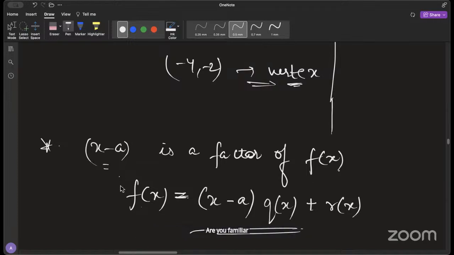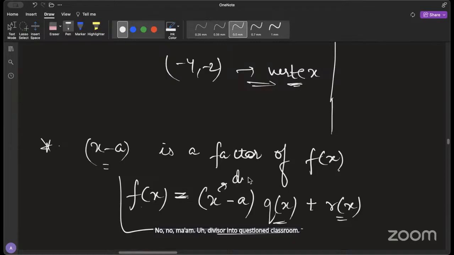Are you familiar with this form? Yes, this is simple division. This is the simple division algorithm where this is your dividend, this is your quotient, and this is your remainder. No, ma'am. So this is the divisor. Divisor into quotient plus remainder.